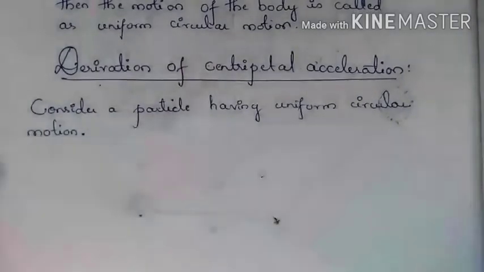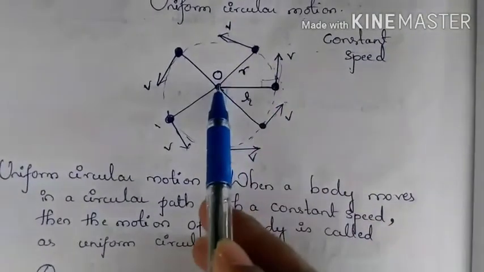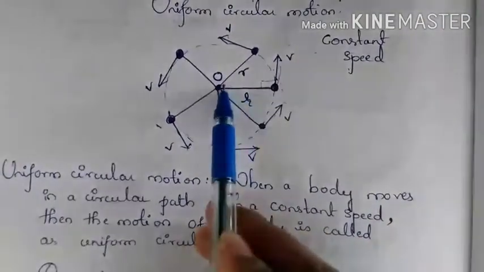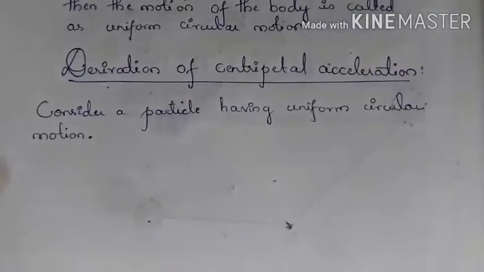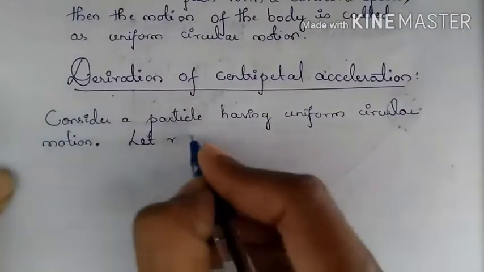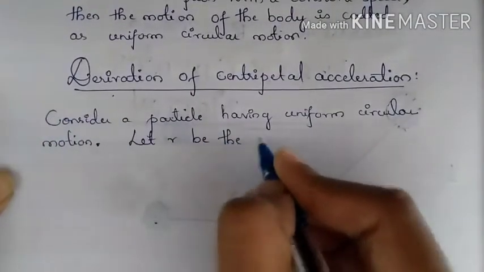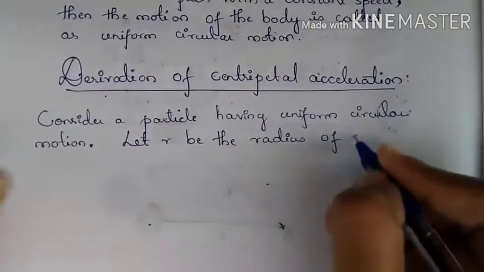In circular motion, the distance from the origin to the ball is the radius of the circle, which can be denoted as r. So let r be the radius of the circle.